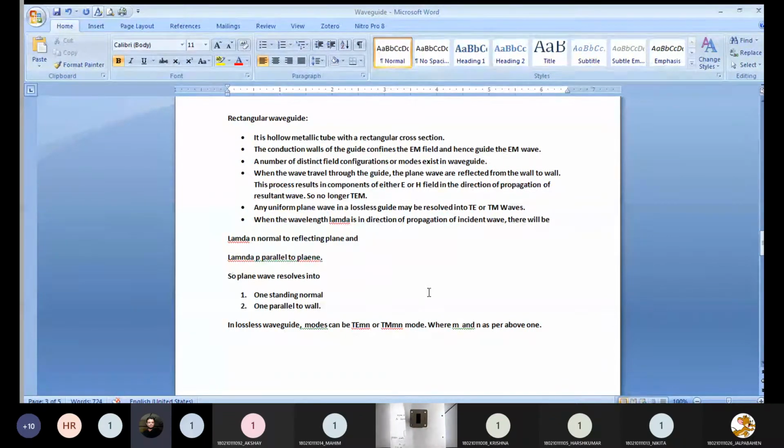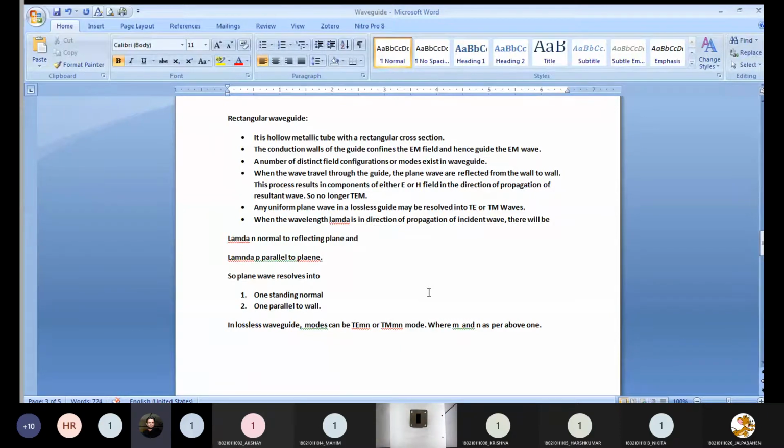Because of this reflection of the EM wave through the air and the conducting walls, the plane wave will not remain a plane wave, but will resolve into other components of E and H field, called TE wave or TM wave.